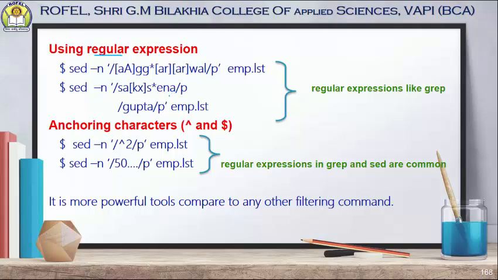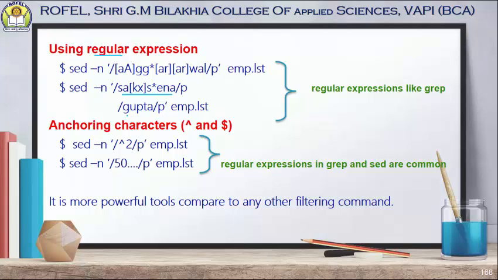Same way, if you want to match more than two patterns, then what you have to write? You have to write that pattern in different slashes. So for example, I want to find this Saxena. In Saxena some persons are like SAK, SENA, otherwise SAX, SENA, like that.